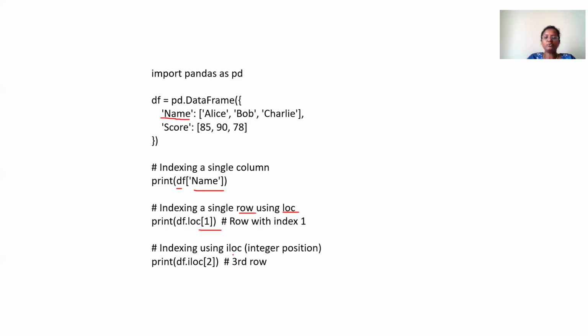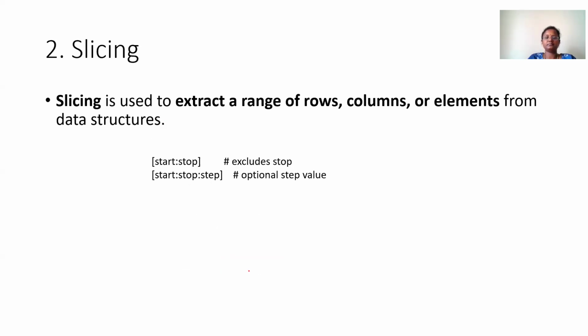If you want to enter a particular position, if you give iloc, whatever value is available in the second position, it will take the third row because it starts from 0. So when you give the second location, it will give you the value of the third row. Like that, we can visualize the data in the indexing method.